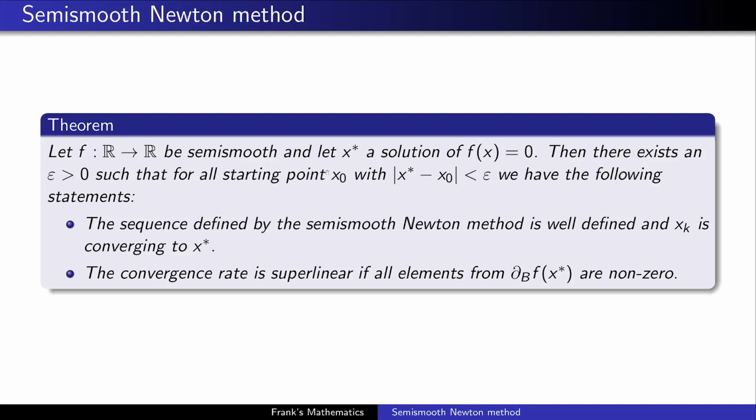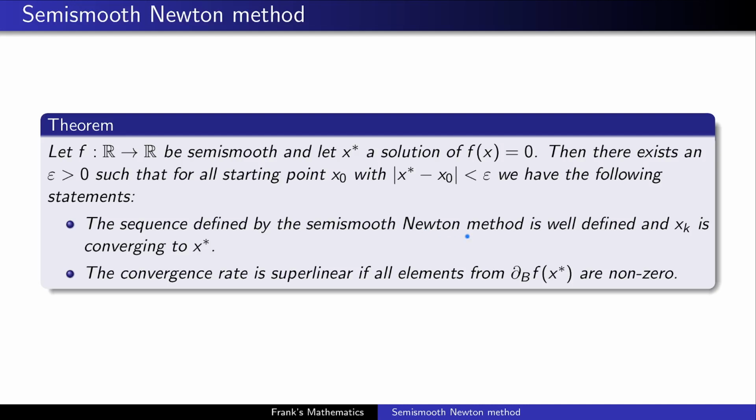Furthermore, we assume that x star is a zero of our function f. Then we have two results. The first result is local convergence, meaning if our starting point x0 is close enough to the solution x star, we have a well-defined sequence by our semismooth Newton method.